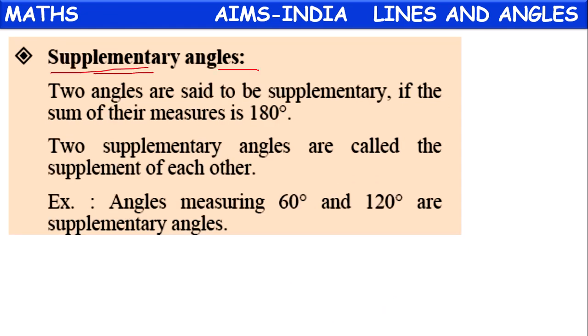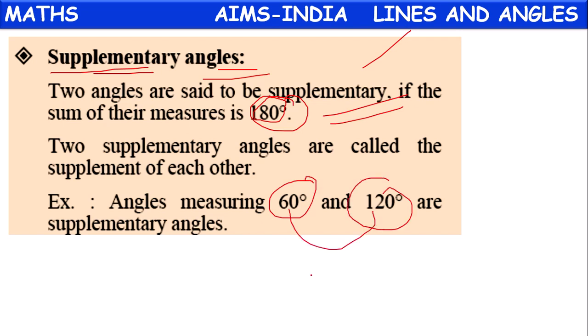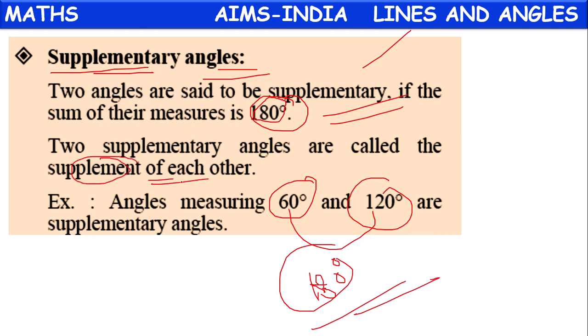Next, supplementary angles. If their sum is equal to 180 degrees, then they are called supplementary, like 60 degrees and 120 degrees, whose sum is 180 degrees. They are supplement of each other.